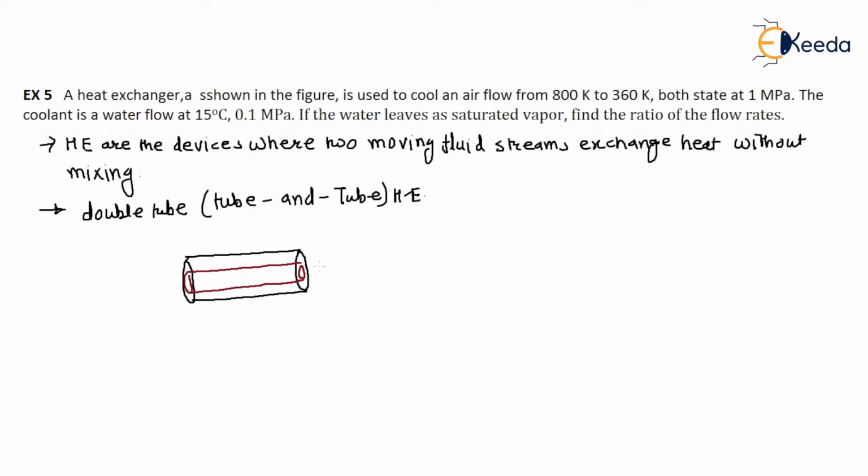One fluid flows in the inner pipe, like that, in and out, and the other fluid flows in the annular space between the two pipes. This is your annular space, the larger tube.